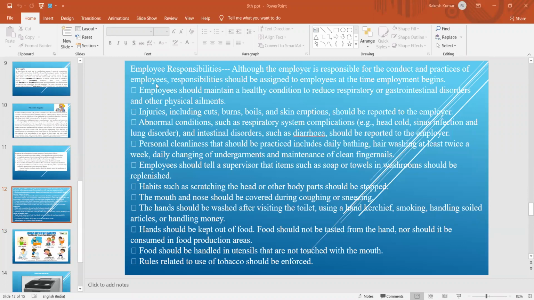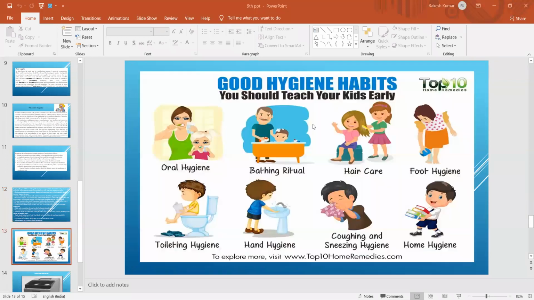So now something about the employees' responsibility. These are the different points which you have to consider for maintaining a good hygienic level in different employees. So simply you have to go through all, and just by going through, you can see these are the good hygienic habits one should teach.